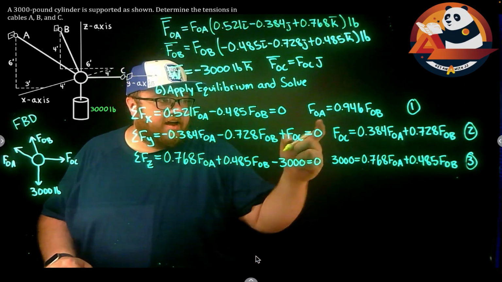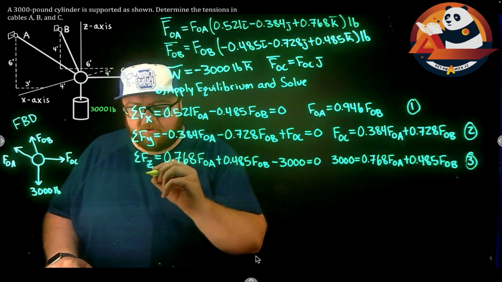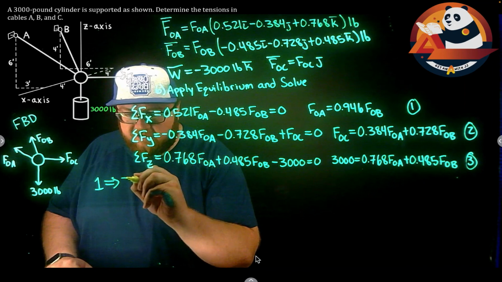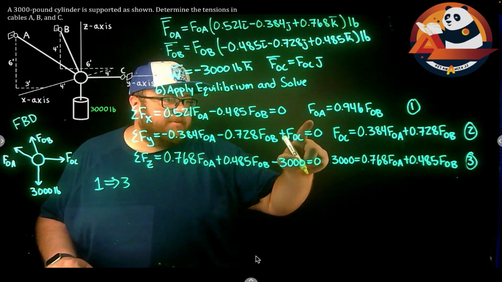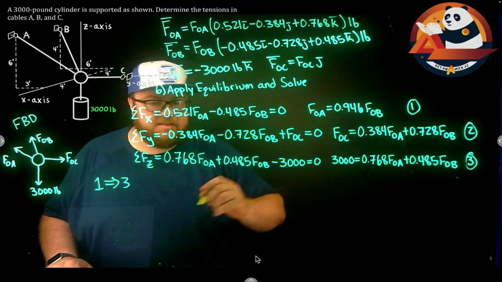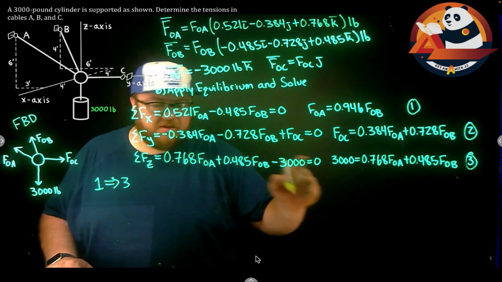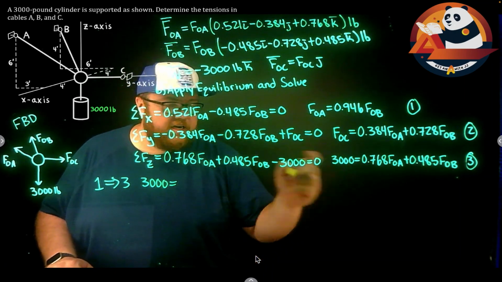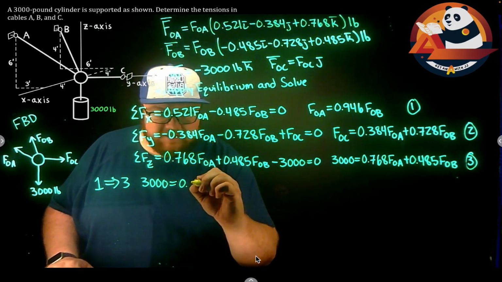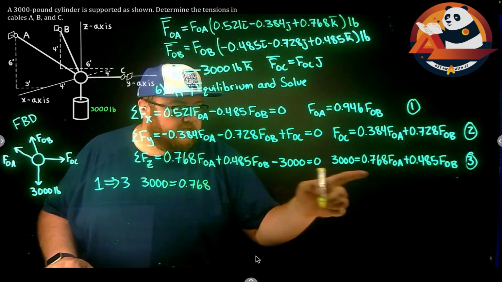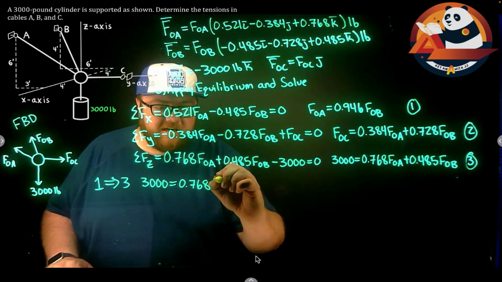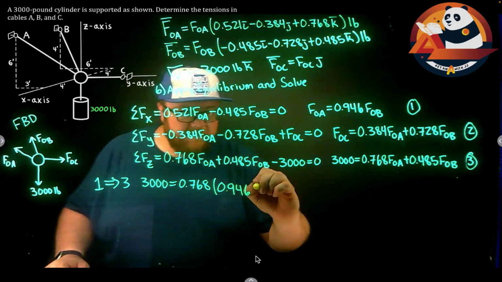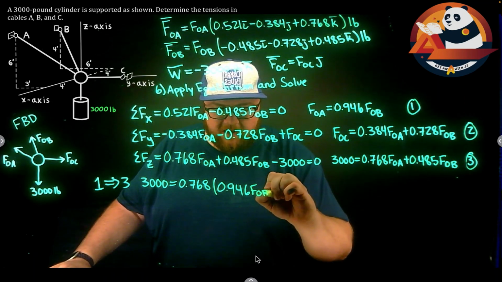Let's start there. I'm going to take that first equation and substitute it into the third one. So anytime FOA shows up, I'm going to write 0.946 FOB. Let's just start going through this equation. 3,000, we're rewriting equation 3, equals 0.768 times FOA. But I know FOA is really 0.946 FOB, so we'll make that quick substitution.